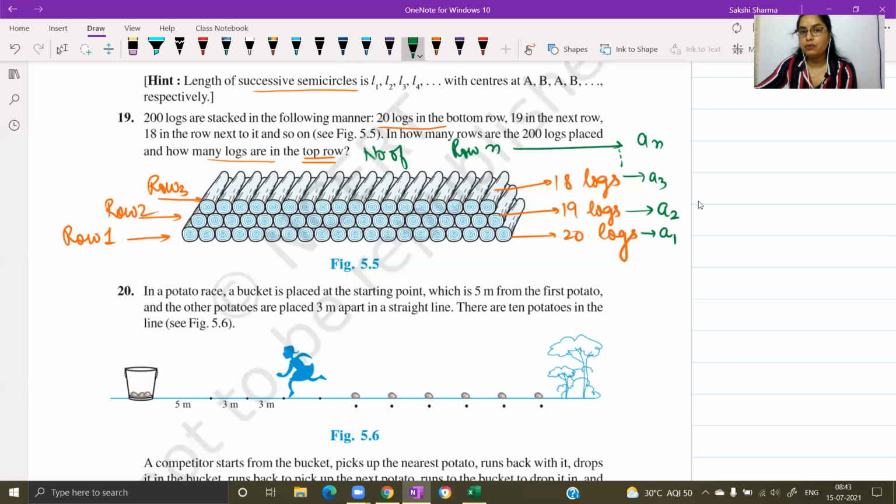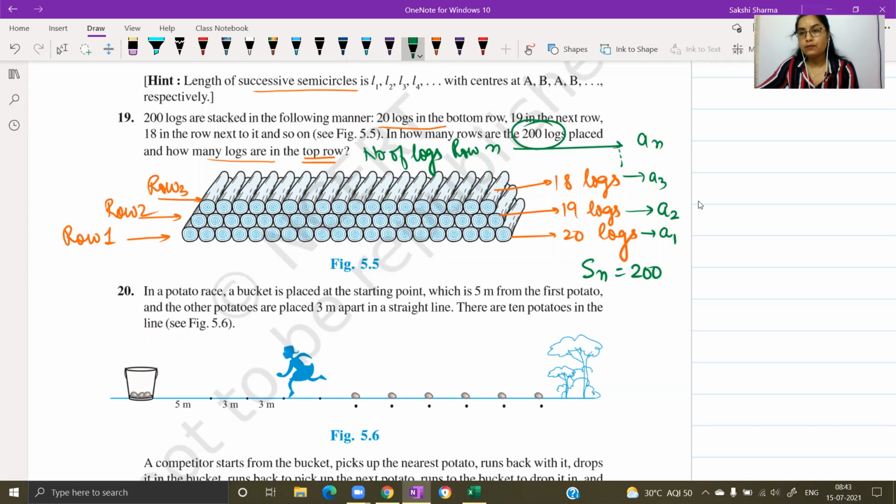So the number of logs in the topmost row is represented by an. And overall, the total number of logs arranged in this way is 200. So Sn is equal to 200. पहली रो में 20 है, दूसरी में 19 है, लास्ट में जितने भी हैं सभी का टोटल क्या बन रहा है, 200 बन रहा है.